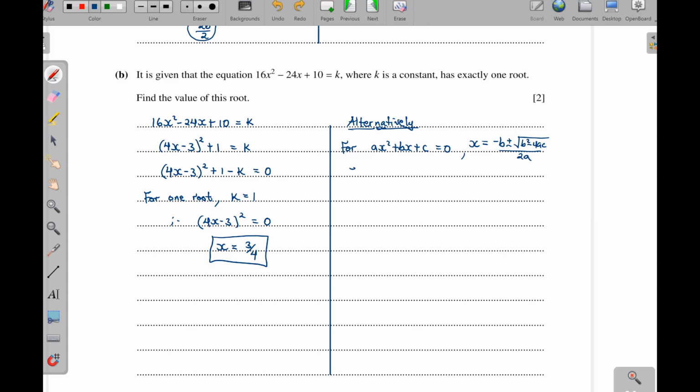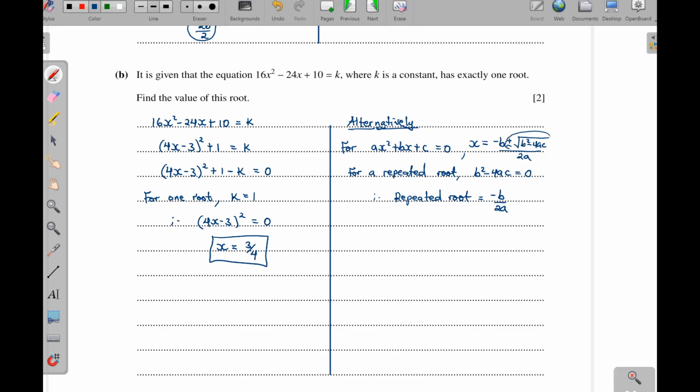Okay, so for a repeated root, what do we know for a repeated root? The b squared minus 4ac has to be equal to what? To 0. You see that? So this simply implies that the repeated root is going to be equal to minus b out of 2a.